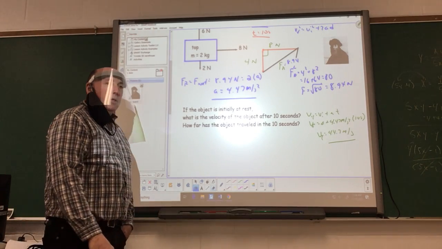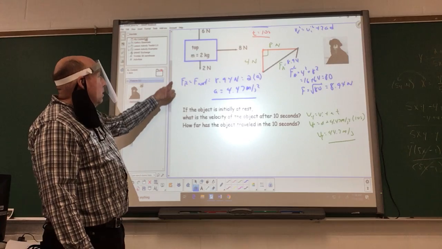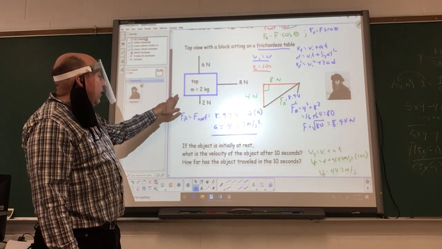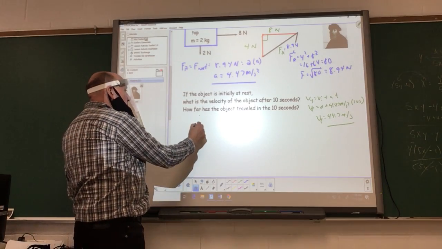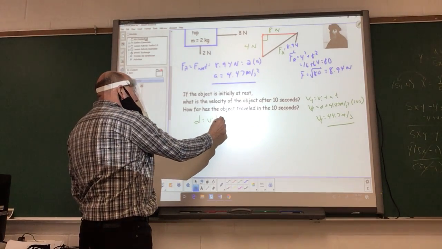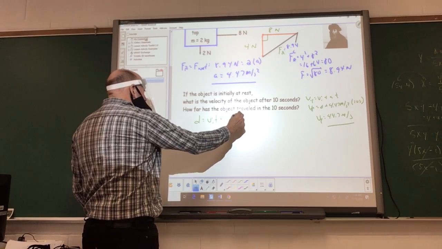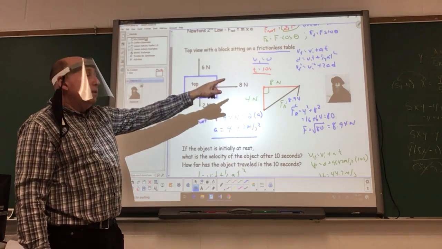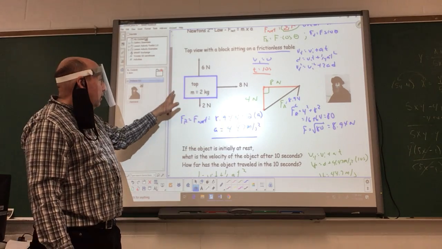How far did the object travel? Well, we have displacement equals V initial t plus 1/2 a t squared. Or we could use the other one, but then I'd have to really solve for d, and I don't want to do that.